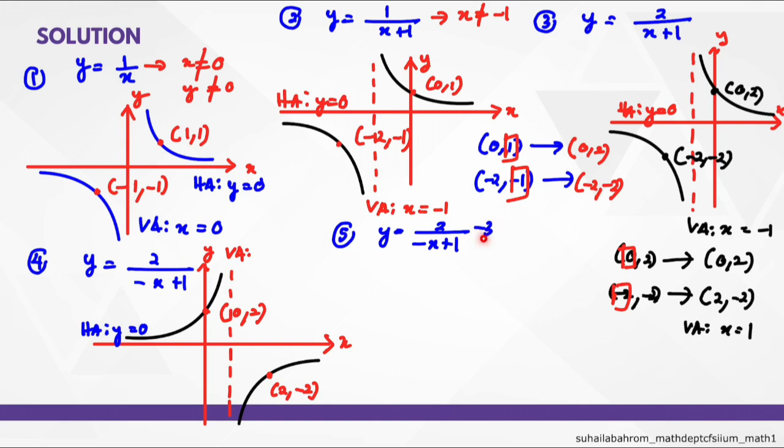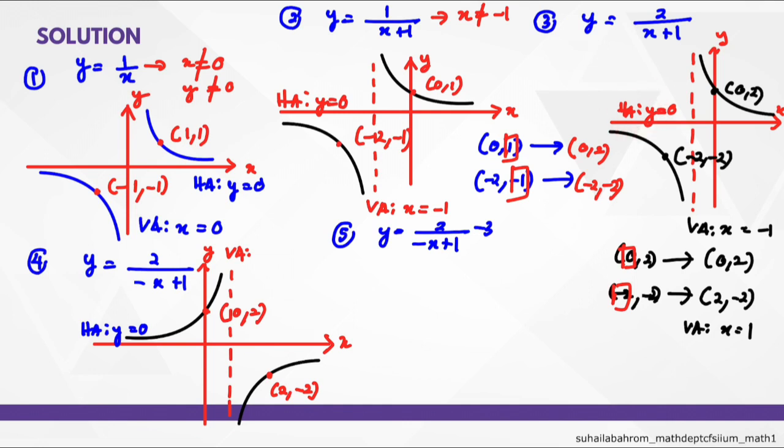So when there is a -3, it shows that there will be a vertical shifting, meaning that your graph will move down 3 units. Since your graph will move down 3 units, the horizontal asymptote will also move down 3 units.